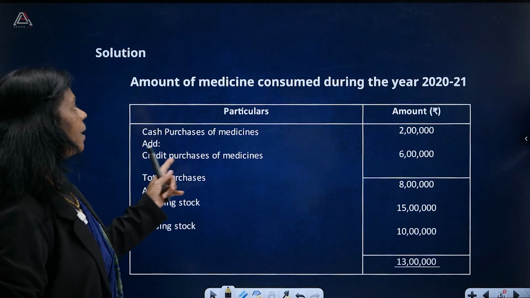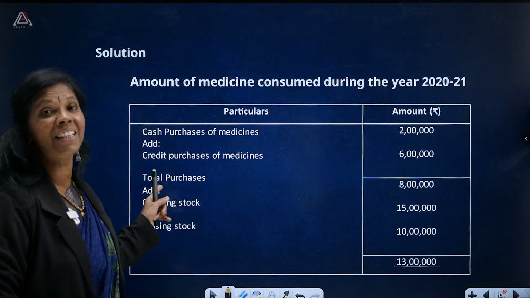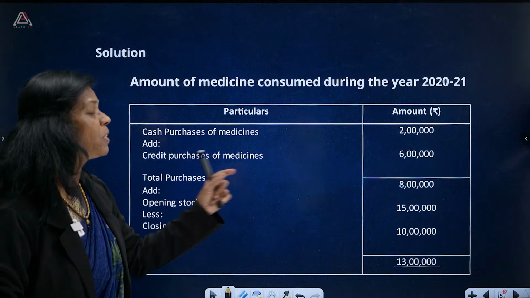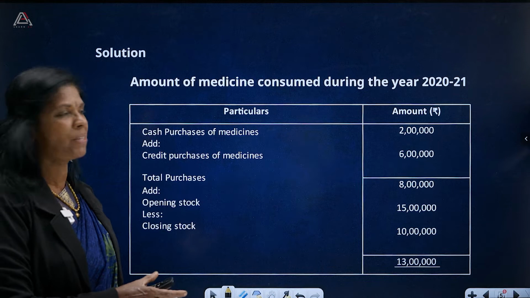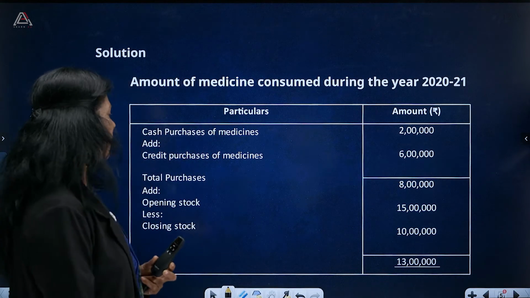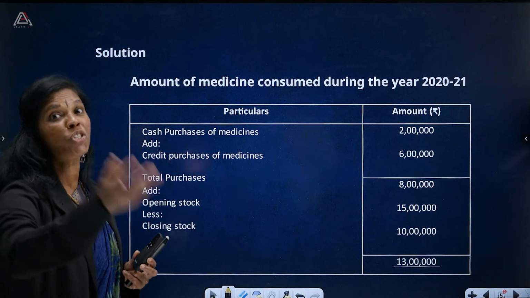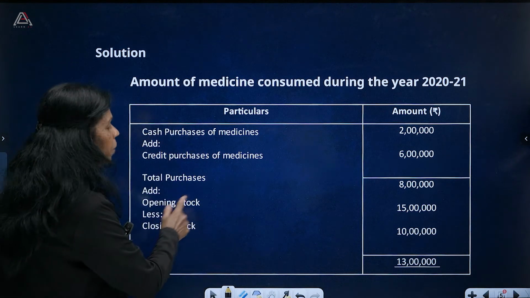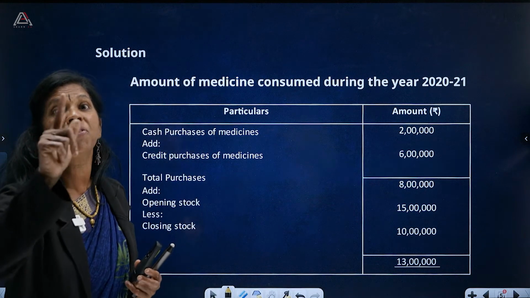See, cash purchase of medicine, how much? 2 lakh. Then along with that, we have to add credit purchase of medicine. How much? 6 lakh. So we got total purchase. 2 lakh plus 6 lakh, how much? 8 lakh. Then along with that, as I already explained, we have to add opening stock. How much is the opening stock? 15 lakh.